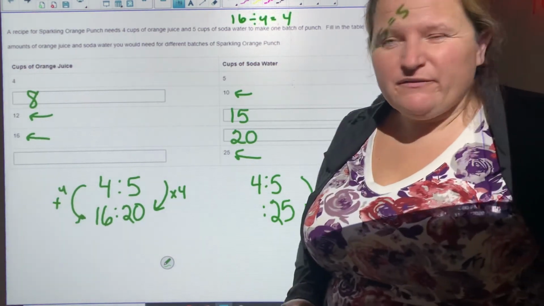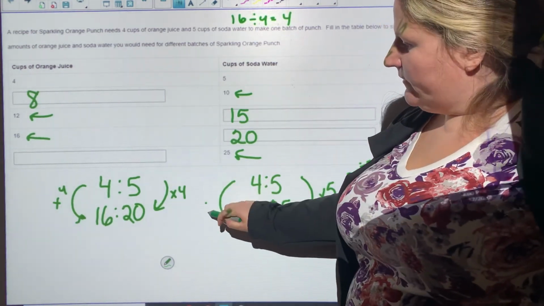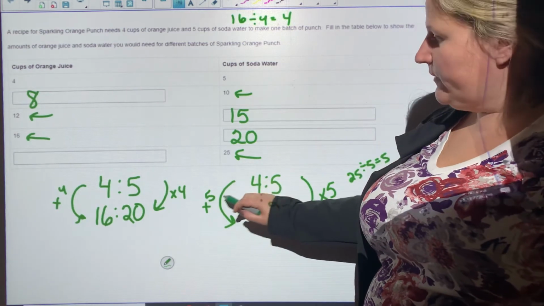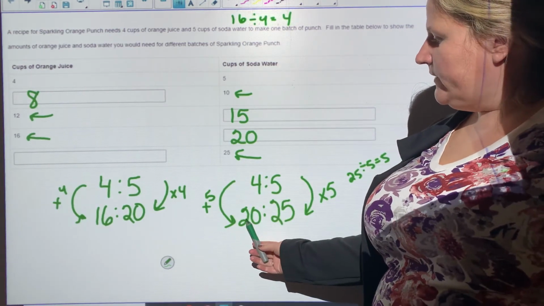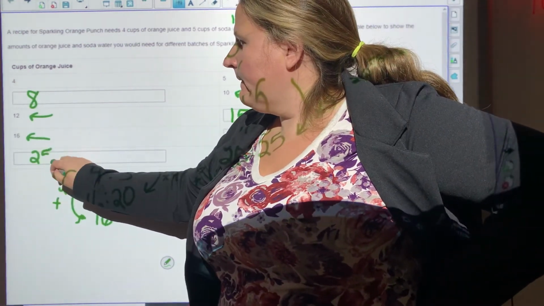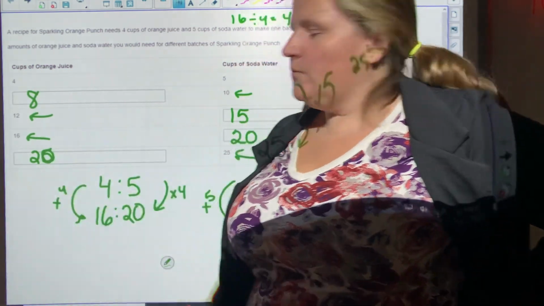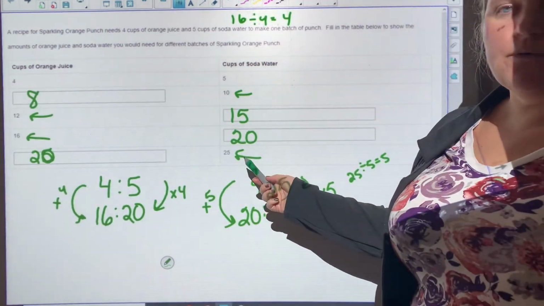So I'm multiplying by 5 here. So if I multiply this side by 5, I multiply this side by 5. 4 times 5 is 20. So 20 cups goes with 25. Oops. 20 cups of orange juice mixed with 25 soda water.